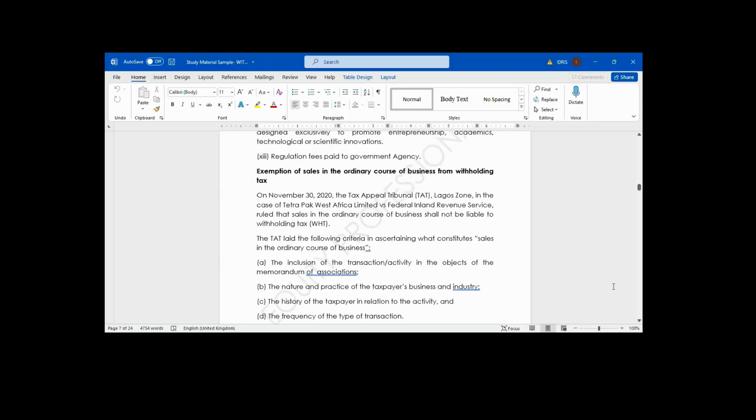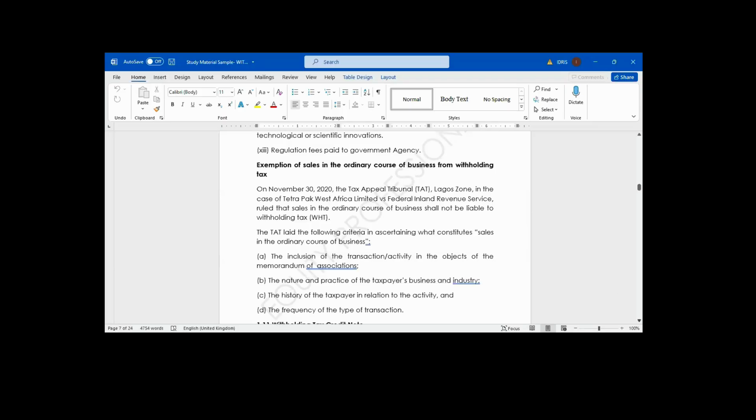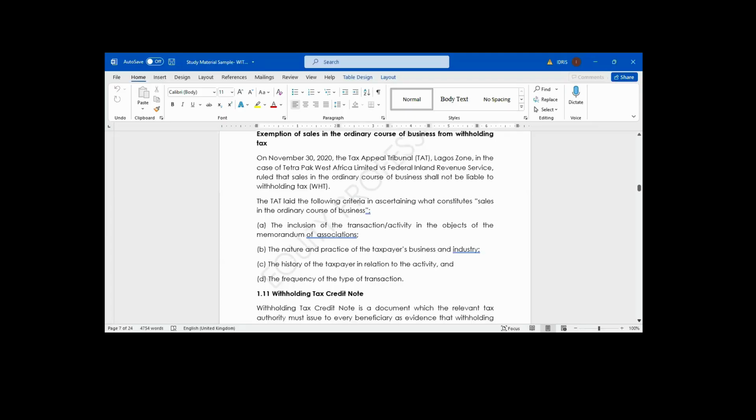Another one, the nature and practice of taxpayer, business and industries. Another one, the history of the transaction.